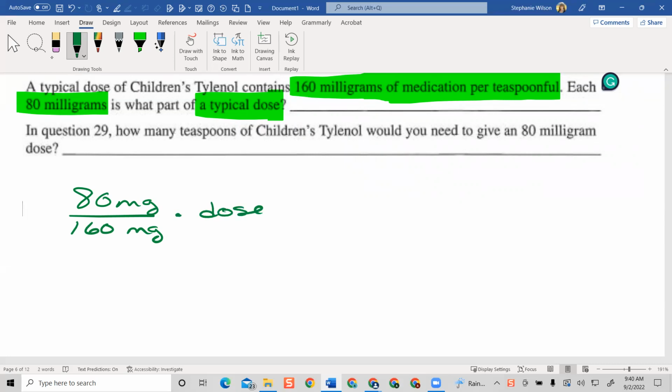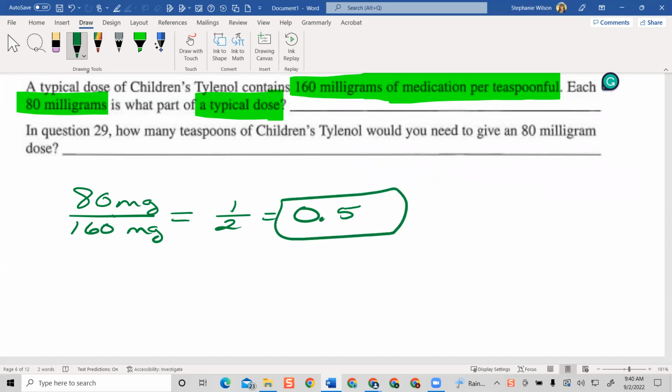You can put per dose here, or you can just write 80 divided by 160. That gives me 1/2, which is 0.5. So this is my answer. So that is my typical dose, right?